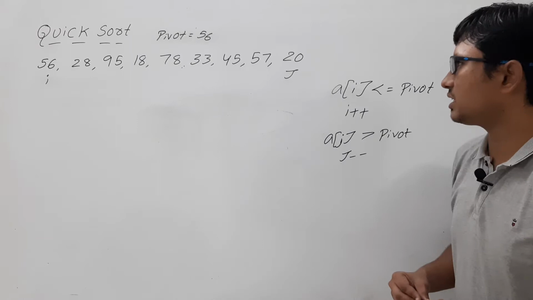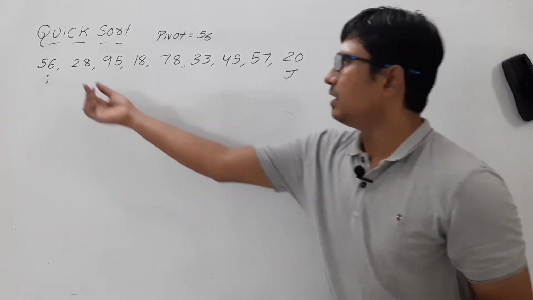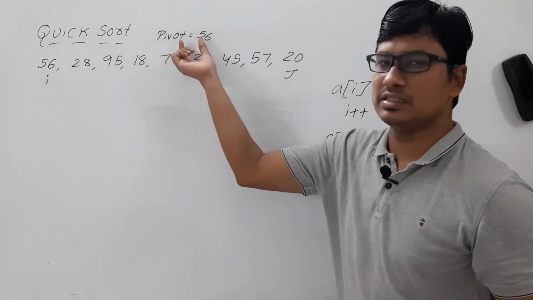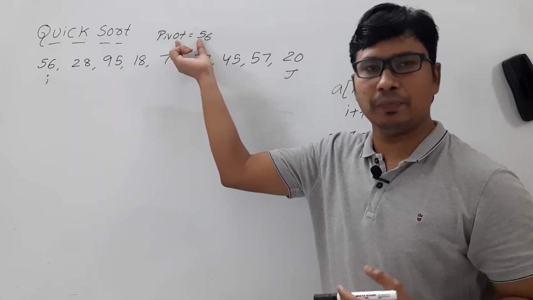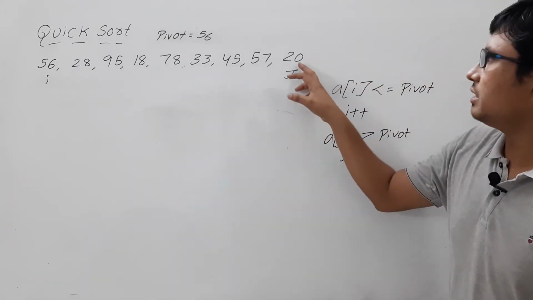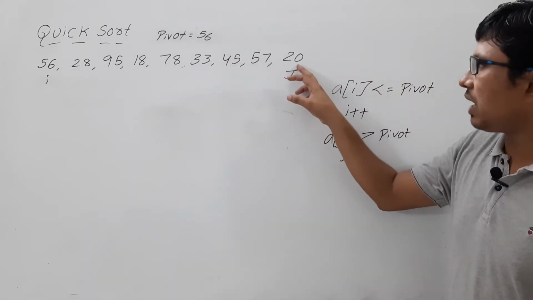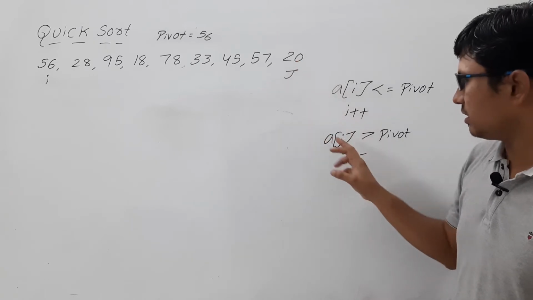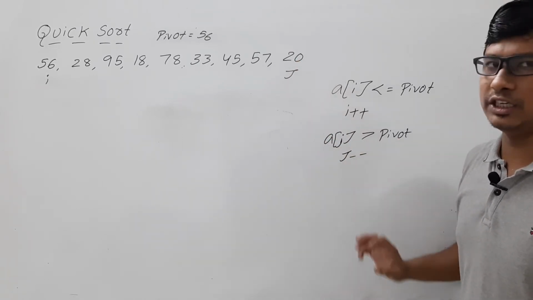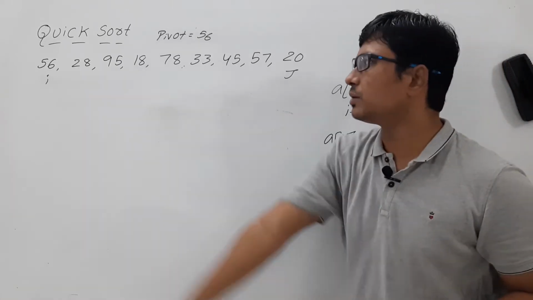Let me repeat again. The i is pointing to the value 56. If 56 is less than or equal to the pivot element, then you will increment the i value. Similarly, if the value at the jth location is greater than the pivot element, then you will decrement the j value. So first we will do that procedure.